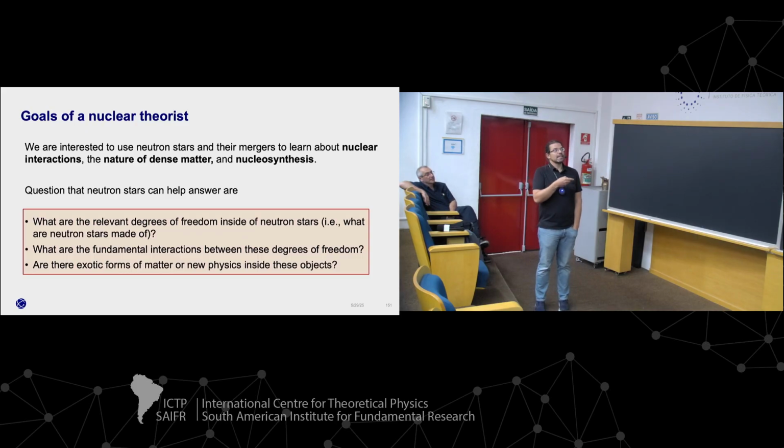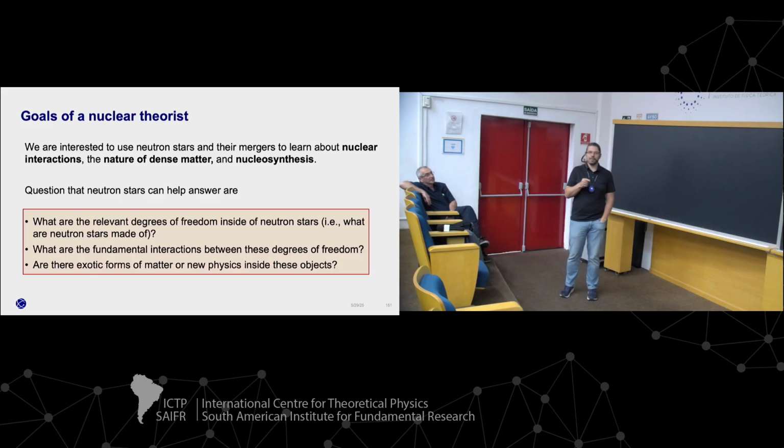So neutron stars are basically a laboratory for nuclear physics in the cosmos that probes the highest densities we can probe, far beyond in density anything we can probe on Earth, and at isospin asymmetries that we cannot realize in the lab. Here we can only collide atomic nuclei, they are almost symmetric, so whatever comes out is almost symmetric. But this is 95% neutrons, so it's really isospin asymmetric.